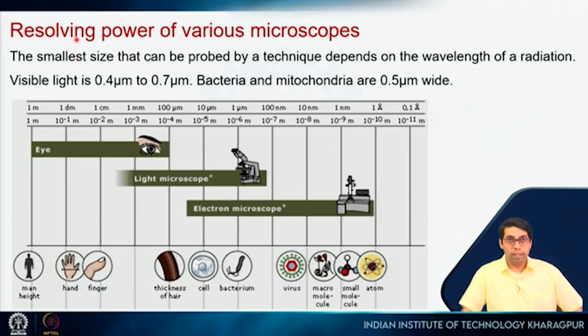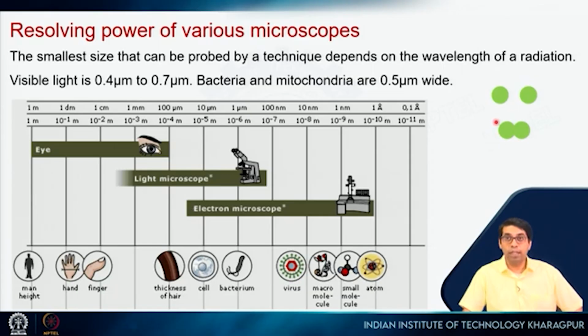So, the important thing that I am going to talk about first is something called resolving power of various microscopes. So, what do I mean by resolving power? Let us say inside a cell we are looking at something, maybe two proteins, maybe two different organelles, right? If they are separate like this, we can clearly see them as two distinct dots, right? If they are close, then you can still make it.